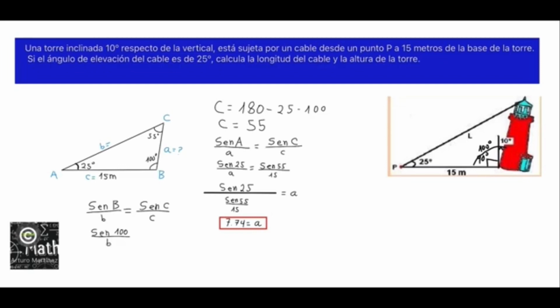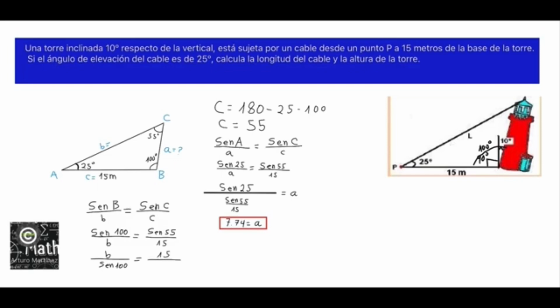The sine of 100 degrees divided by the side B will be equal to the sine of 55 divided by 15. Using the reciprocals to clear, we can also say that B divided by the sine of 100 is equal to 15 divided by the sine of 55. The sine of 100 can go to multiply to the right side because it is dividing on its original side.